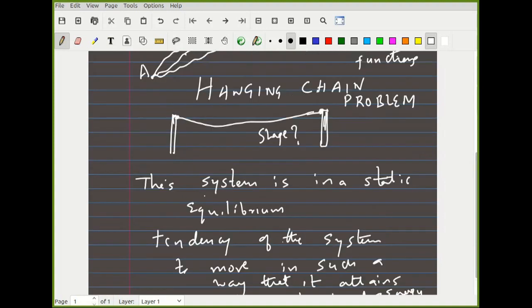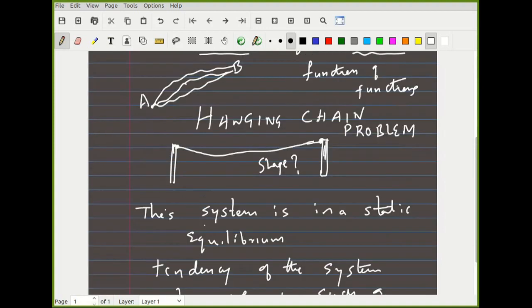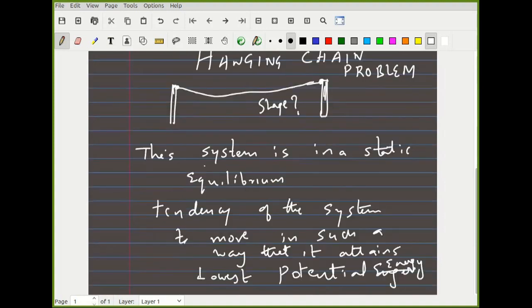In that integral we have the functional expression, and hence we get a corresponding Euler differential equation.